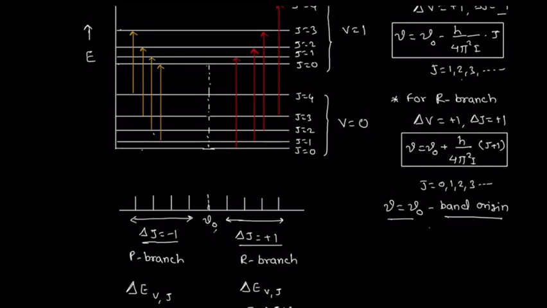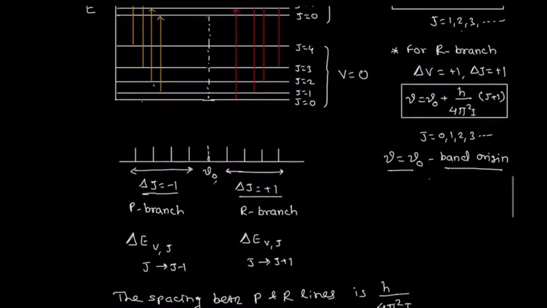For example, all those equispaced lines we draw by the red lines. J equal to 0 to J equal to 1. What is delta J? 1 minus 0, that is plus 1. Similarly, the other line, J equal to 1 to J equal to 2. Difference is again plus 1. Hence, the spectral lines in the R branch possess the frequency nu equal to nu 0 plus h divided by 4 pi square I into j plus 1, where j is equal to 0, 1, 2, 3 and so on.